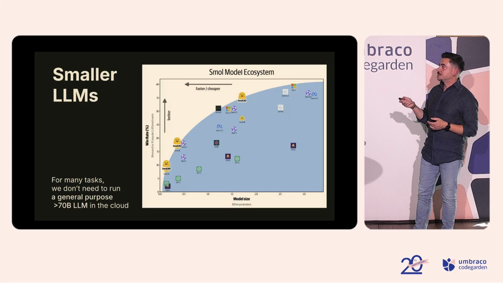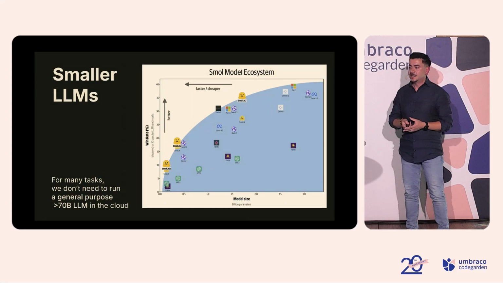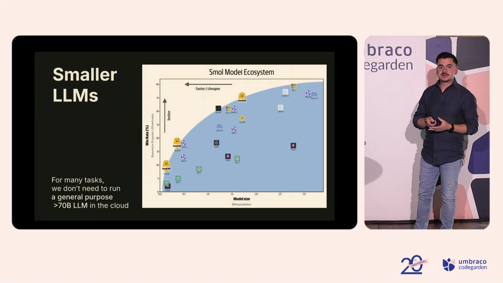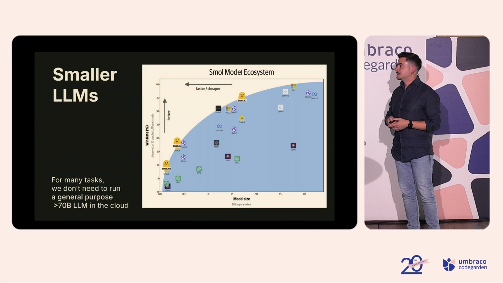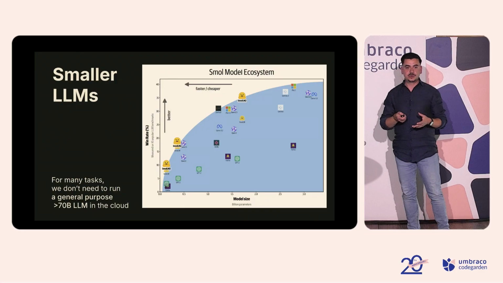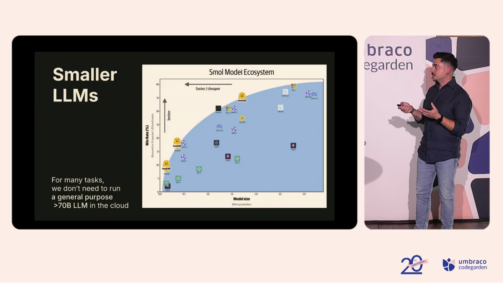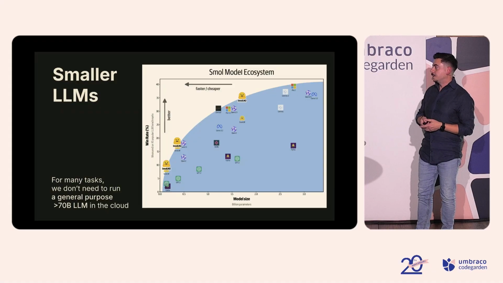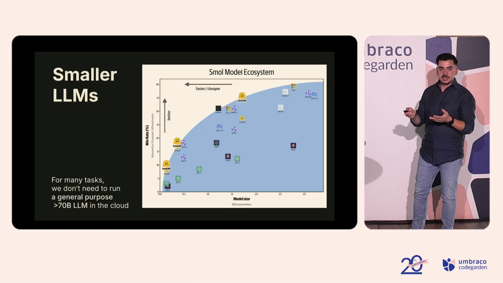And smaller LLMs are also quite capable. As I mentioned, you cannot run those frontier models on your own device, but you can run smaller LLMs. And these smaller LLMs are made more capable by using some interesting techniques such as pruning, low-rank adaptation, LoRA, or distillation.